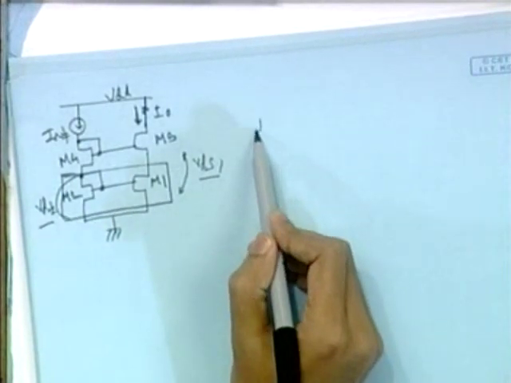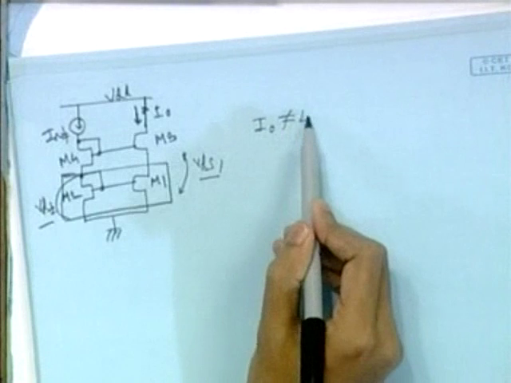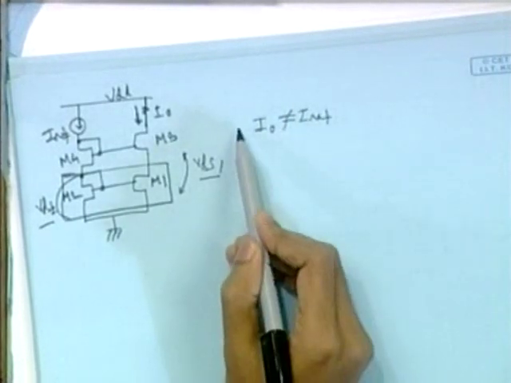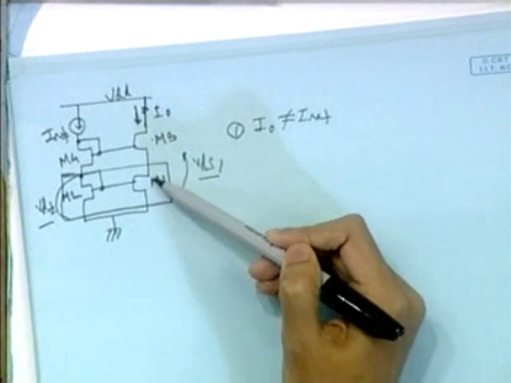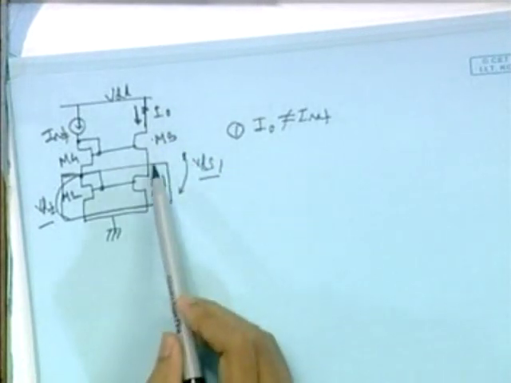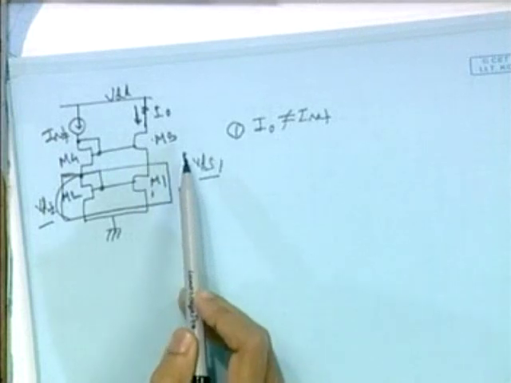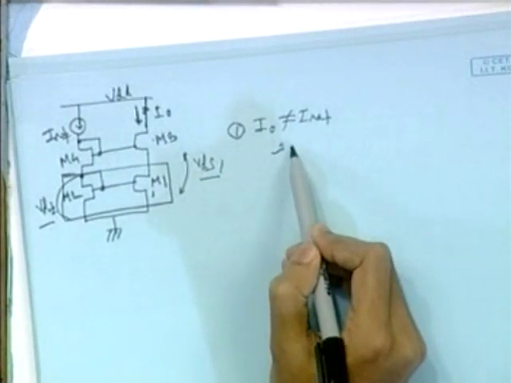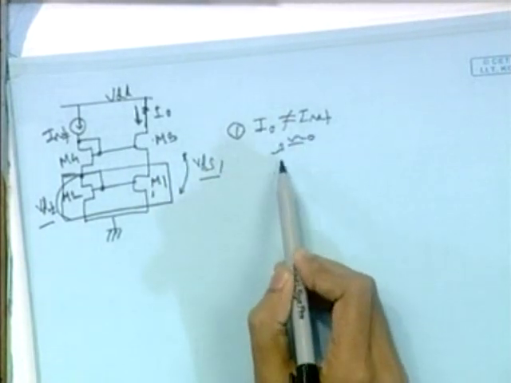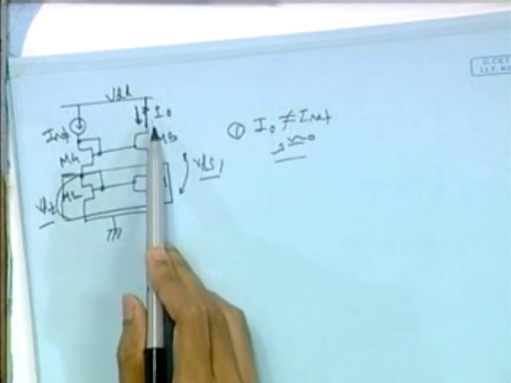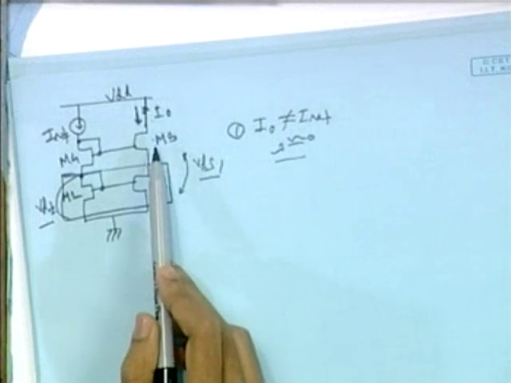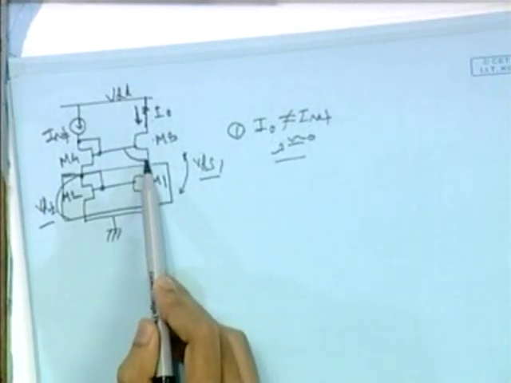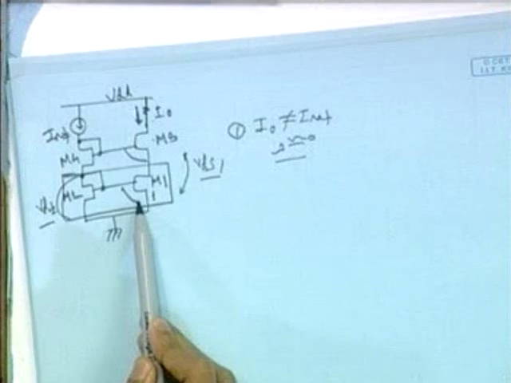Suppose first that I0 is not equal to IREF. Whatever current is flowing through this transistor has to flow through this. If we assume lambda is very small, almost 0, the same current is flowing through these two transistors, M1 and M3, so VGS3 has to be equal to VGS1.